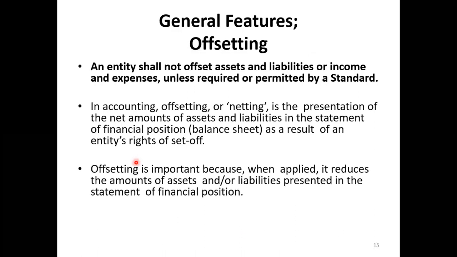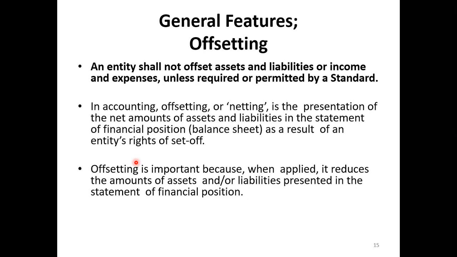An entity shall not offset assets and liabilities or income and expenses unless required or permitted by a standard, right? Offset, cancel out, right? So for example, 100 rupees income, and we spend 20 rupees. So when we disclose that income, we put simply 80 rupees.